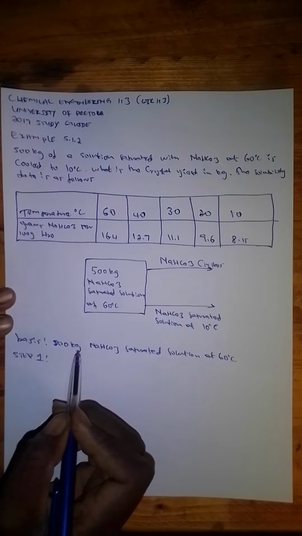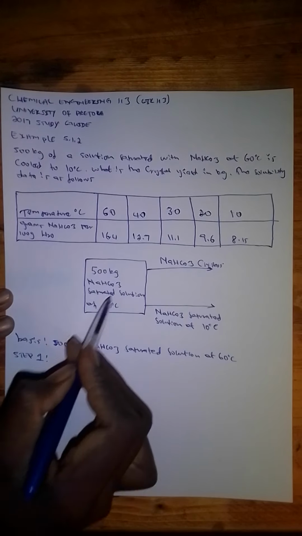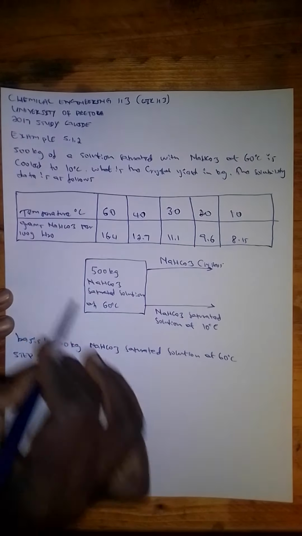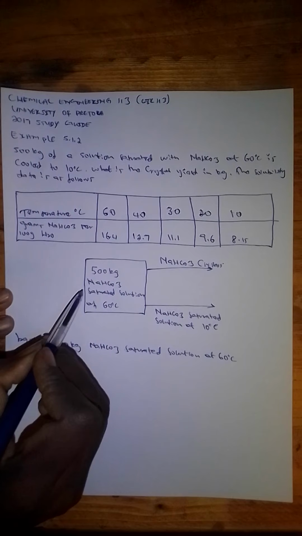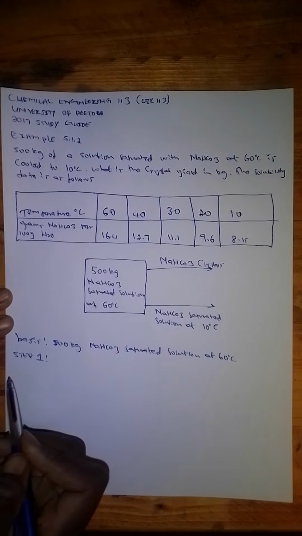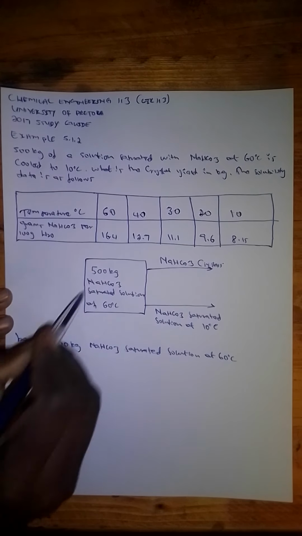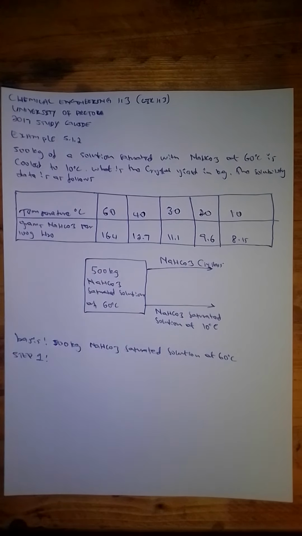For us to be able to calculate how much NaHCO3 and water is in here, we need to know the mass fractions of both NaHCO3 and the water. Using those mass fractions, like we've always done before in our first section, we can multiply them with the 500 kilograms and get the mass of each of NaHCO3 and H2O.